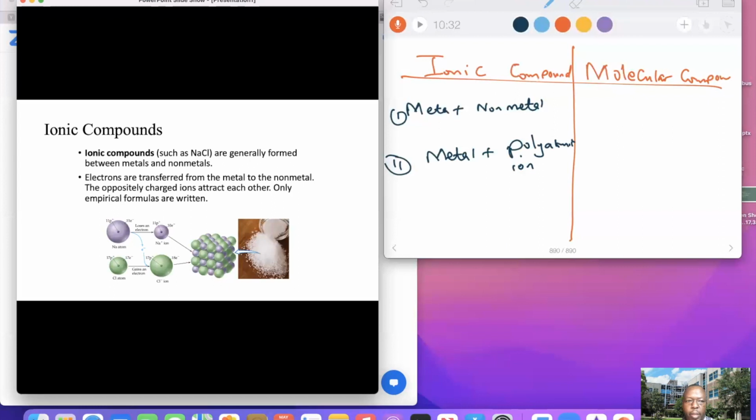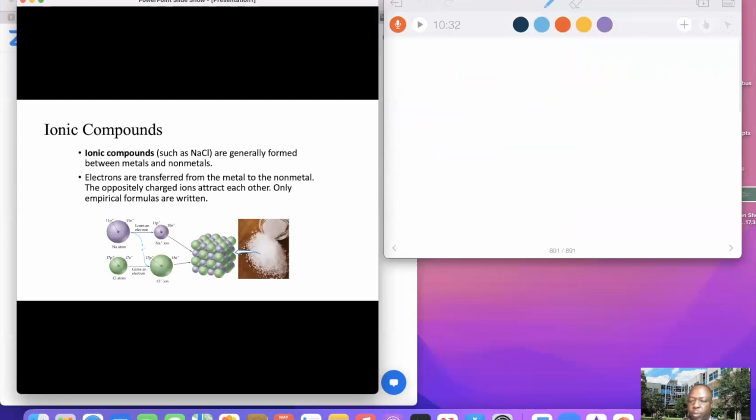Before we look at molecular compounds, if you look at the ionic compound, this consists of a cation plus an anion, like that.